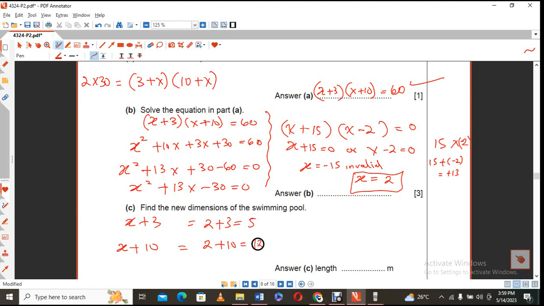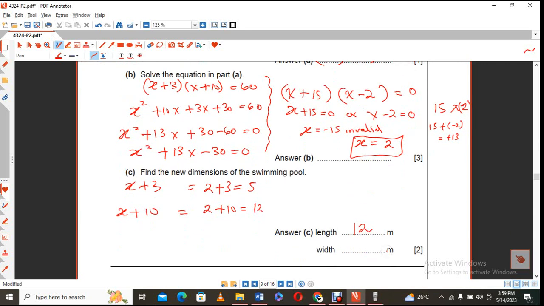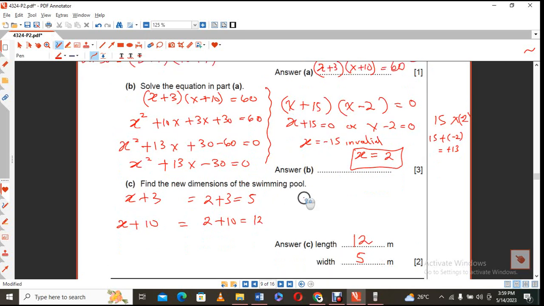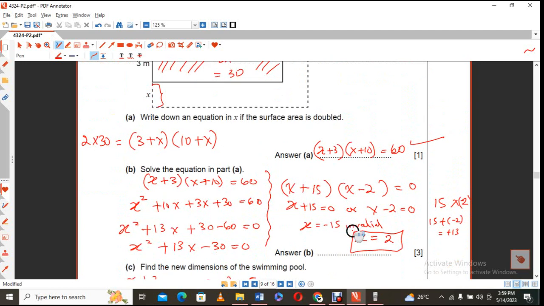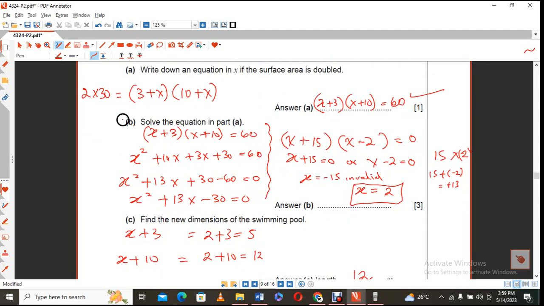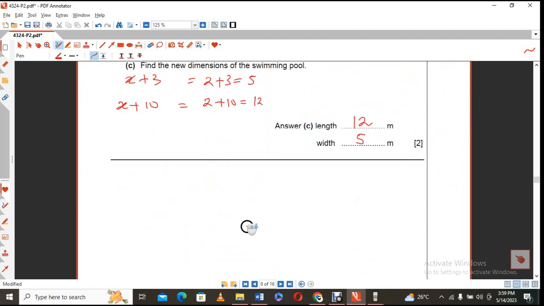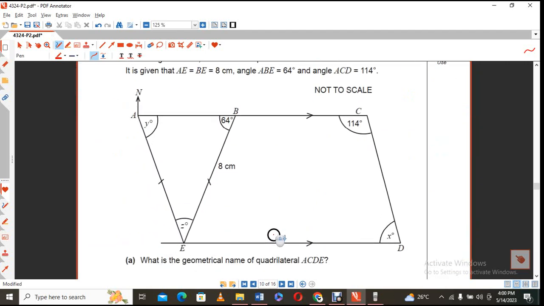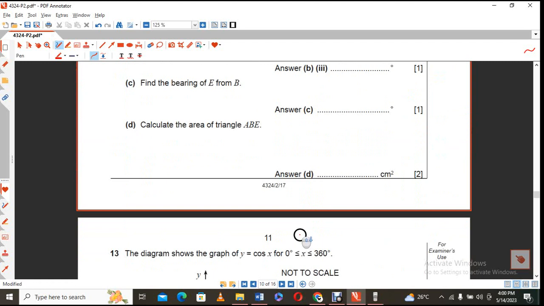And you can go ahead and look at 5 times 12 will give you 60. So the length is 12 meters. The width is nothing but 5 meters. Very interesting question, that also. Okay, so the space might not be enough, but you can make it work whenever you're solving that particular question. All right. Good luck with your studies.